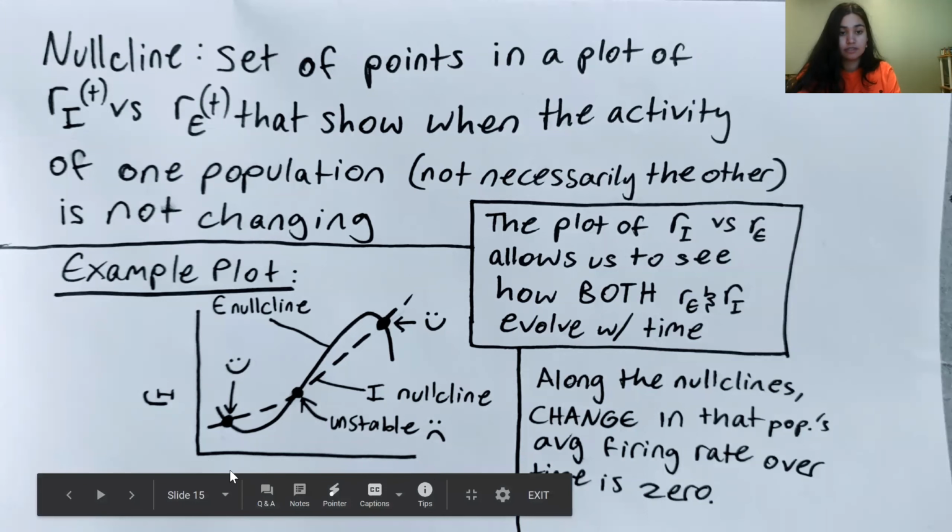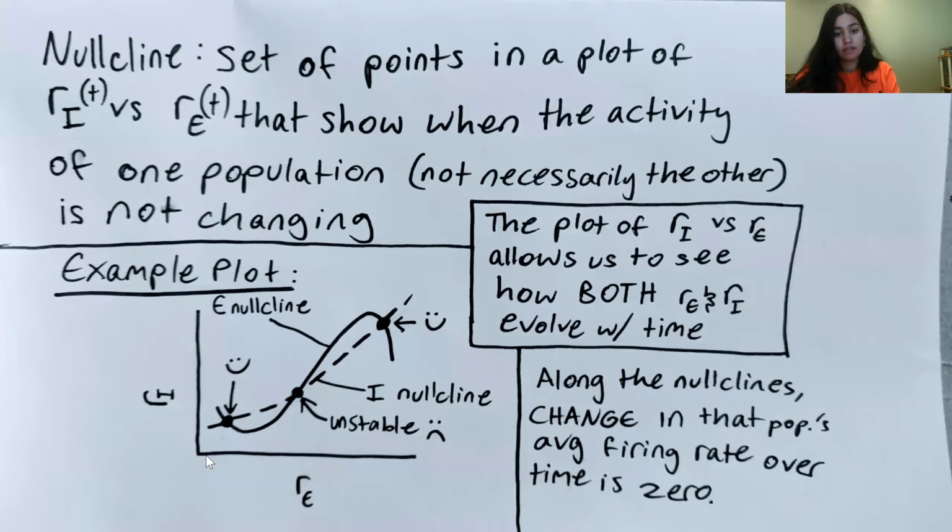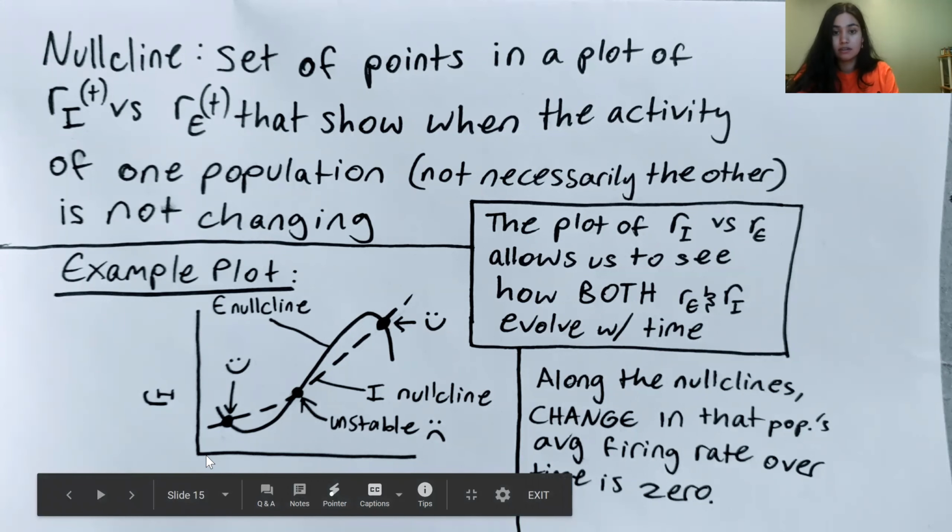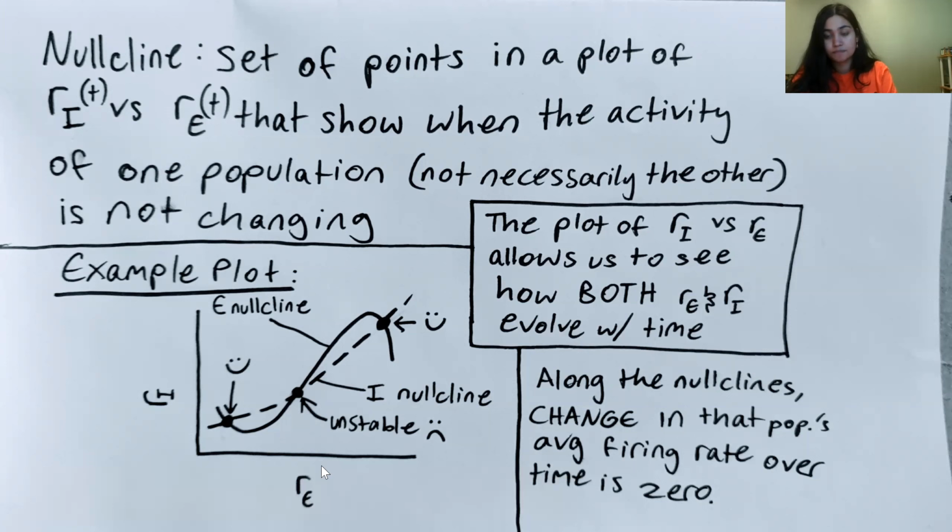And here you can see an example plot of the dynamics of the inhibitory population over the dynamics of the excitatory population.